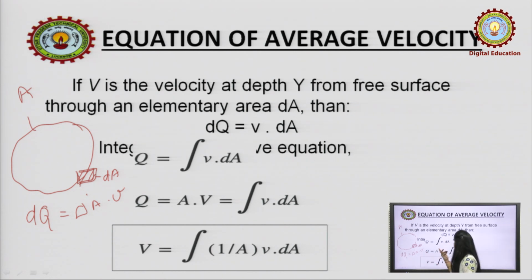This is dQ. The same thing is written over here: dQ is nothing but the product of velocity and the area of this element.